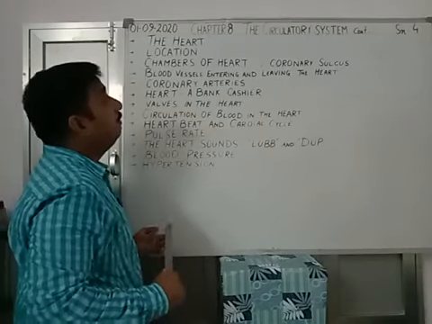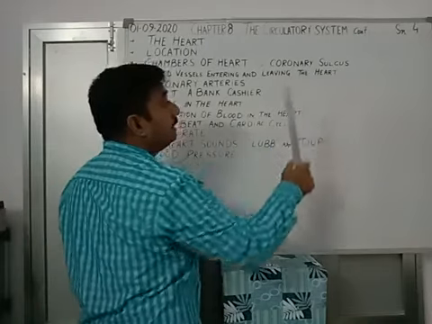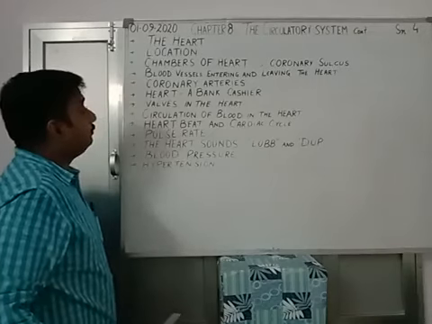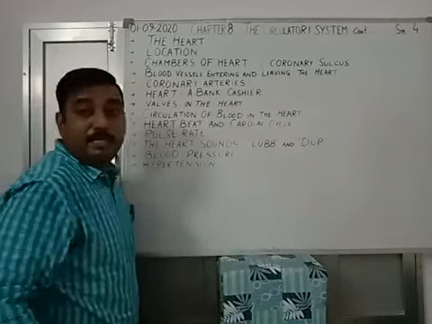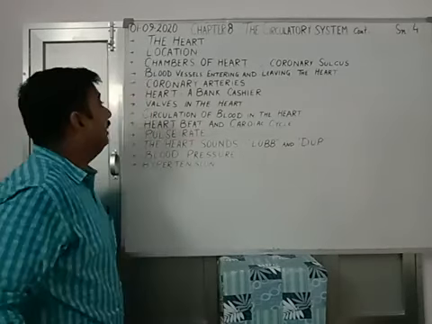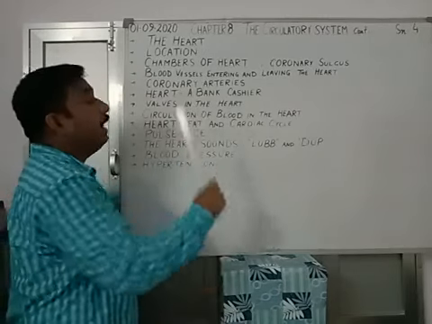Along with that, we will be given the definition of coronary sulcus. What actually is the coronary sulcus? Then we will move ahead with the blood vessels that are entering and leaving the heart. After that, we will be knowing about coronary arteries.